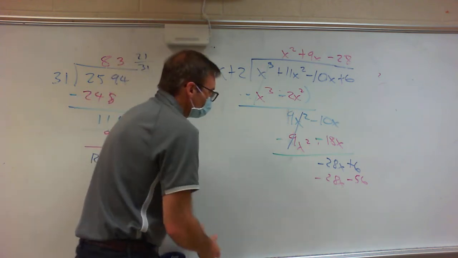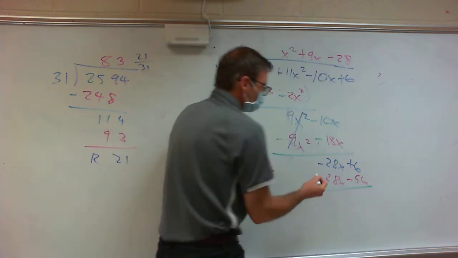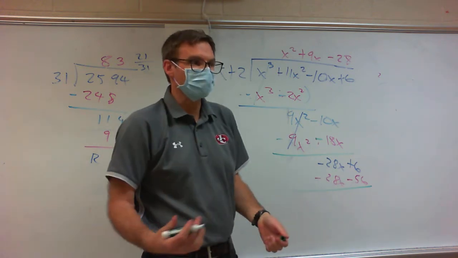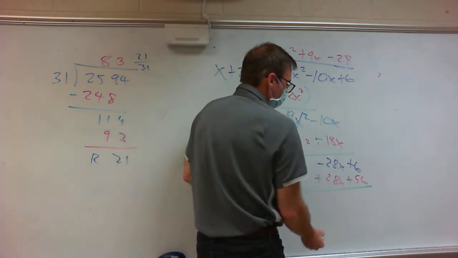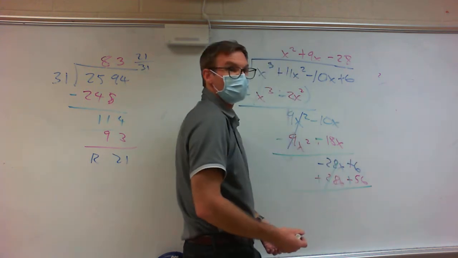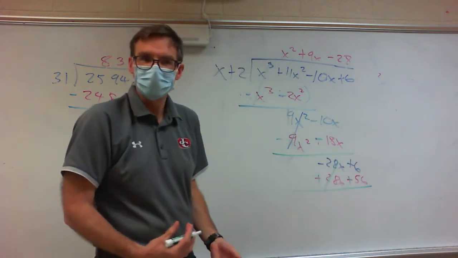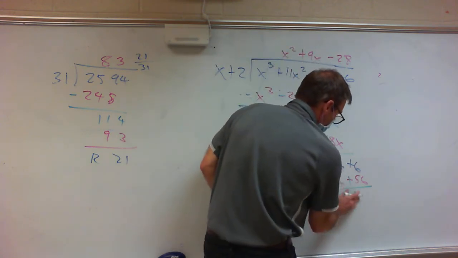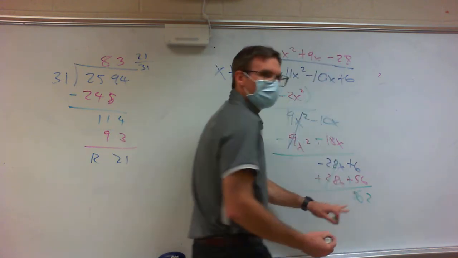And now we have to subtract this, which in polynomial terms means change your signs. So I change my signs, and that cancels because it has to every single time. And then we're left with 62, and that's our remainder.